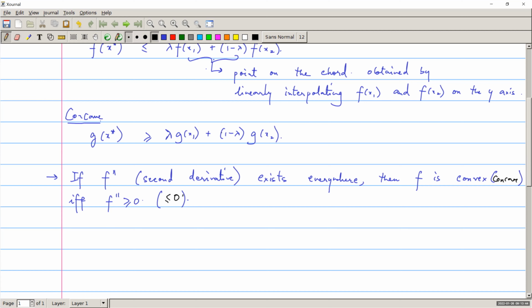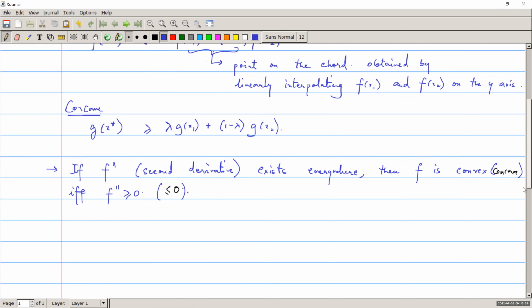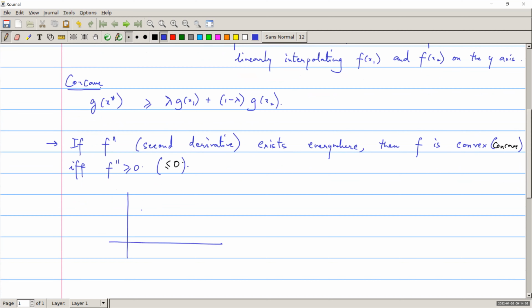If you want to see it analytically, let's say you have a point x1. If I draw a tangent at x1, because the function is convex, the entire function lies above the tangent.